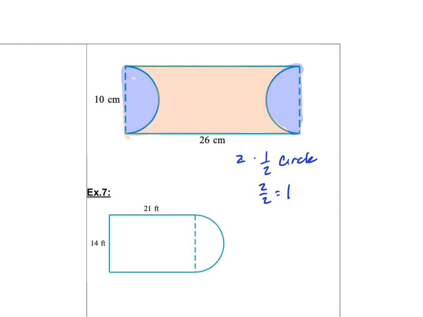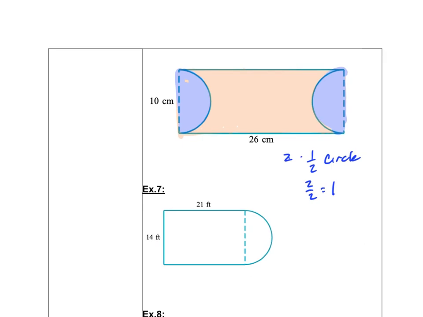So you do have to remember what we learned was that the area of a circle is pi r squared. And what you have to remember is this measure from here to here is the diameter.